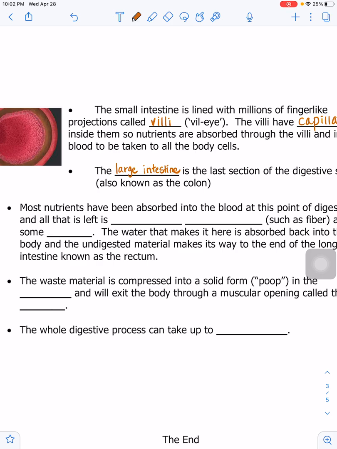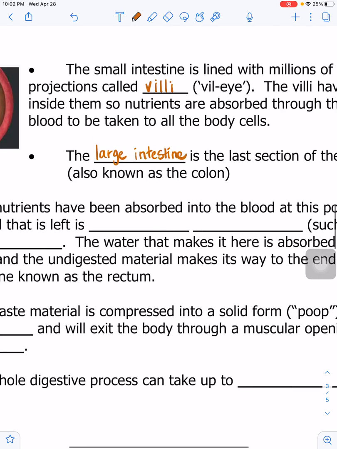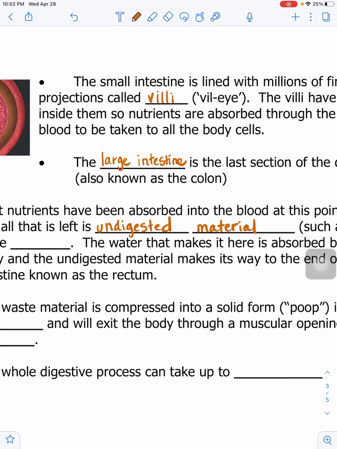So all that is left is undigested material and some water.